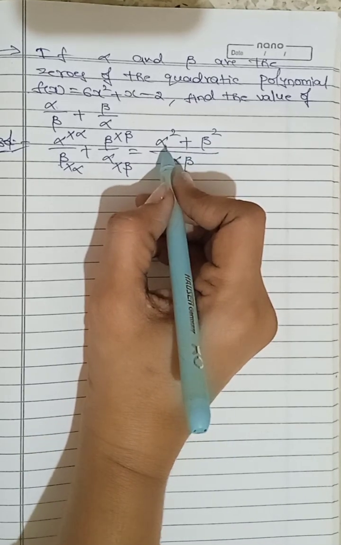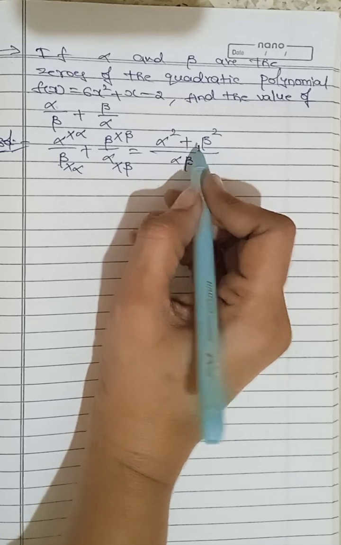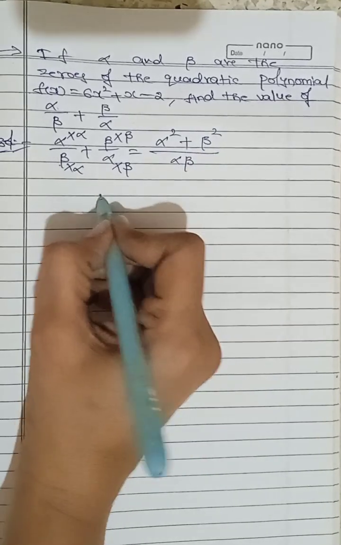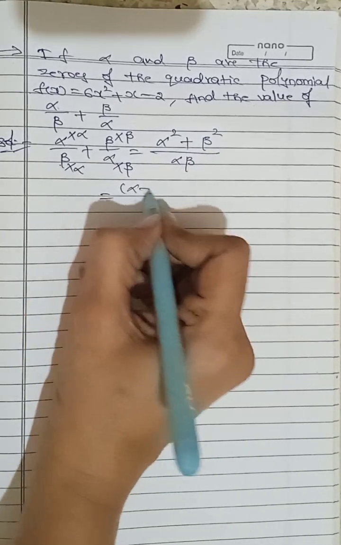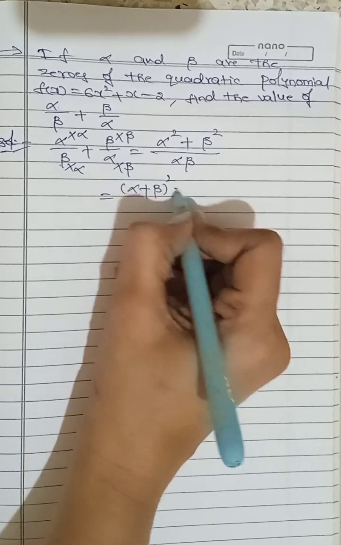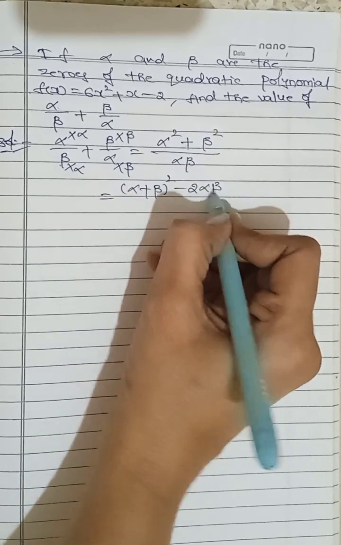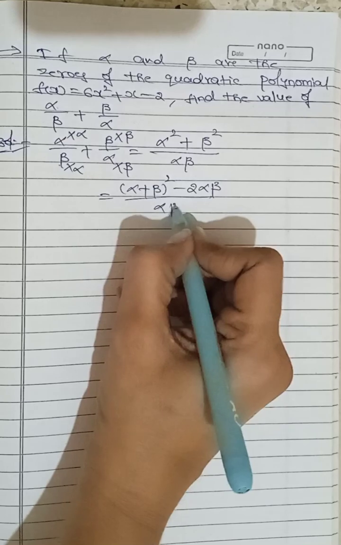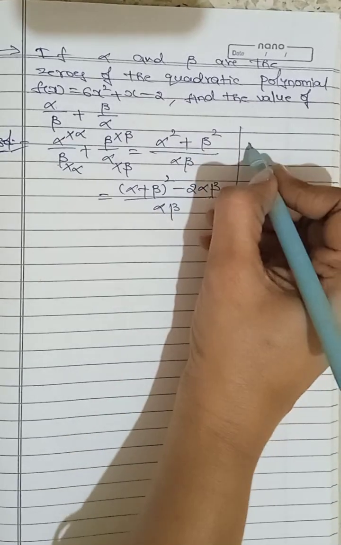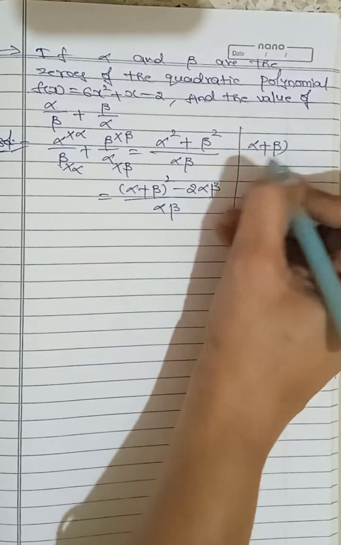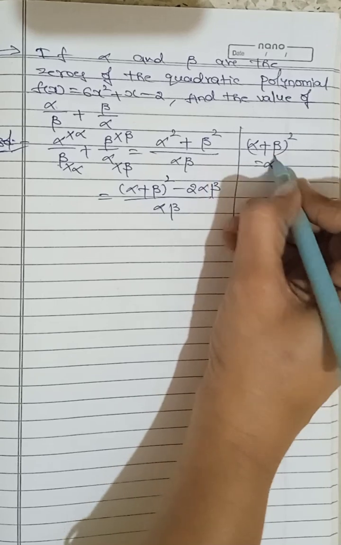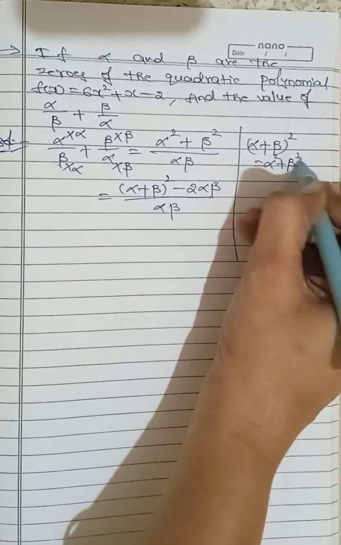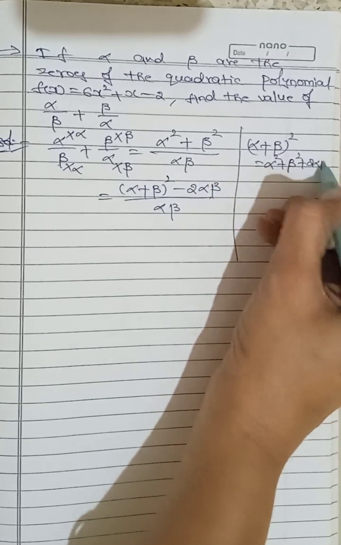We don't have the formula for the alpha square plus beta square value. So that will be simplified as alpha plus beta whole square minus 2 alpha beta by alpha beta. So how to simplify it? See, we know that alpha plus beta whole square is equal to alpha square plus beta square plus 2 alpha beta.